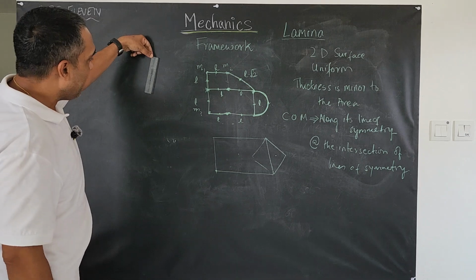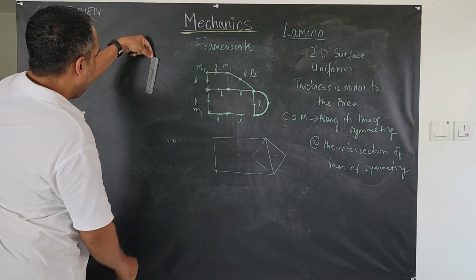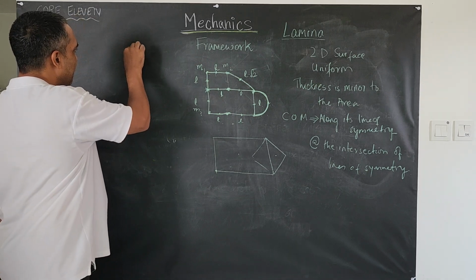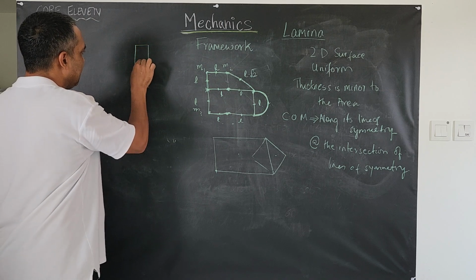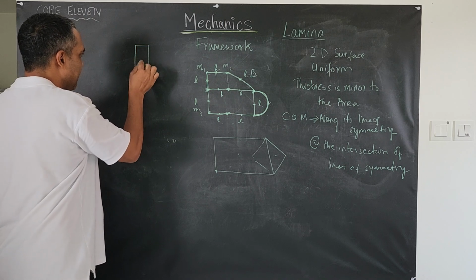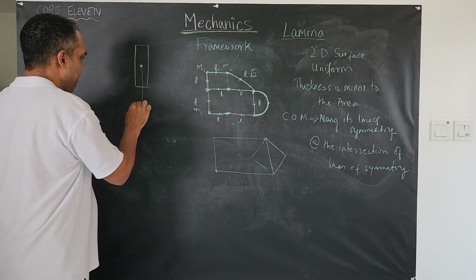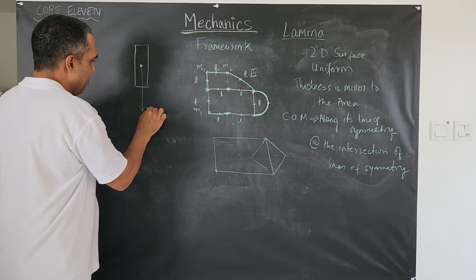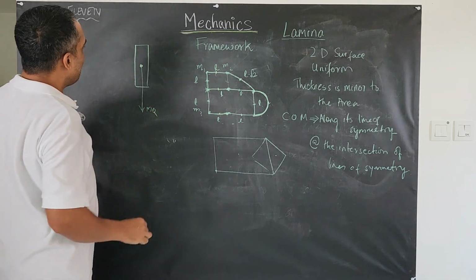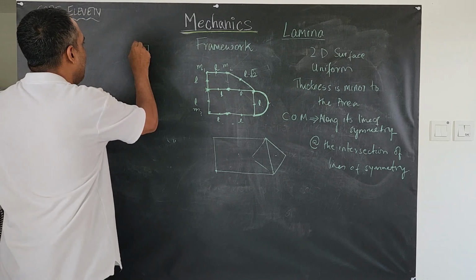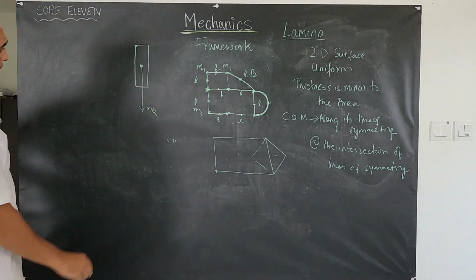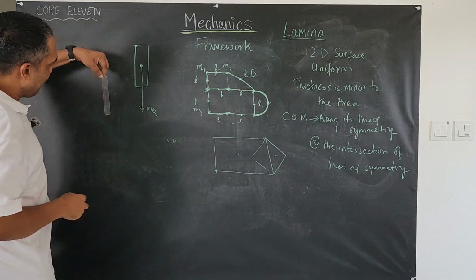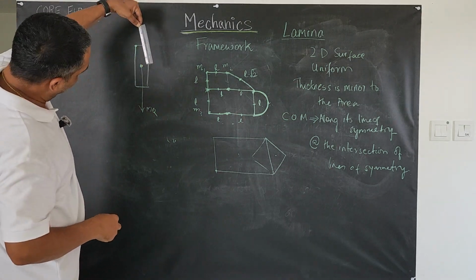So the logic here is, and it's very intuitive, if I have something like this, and that's where its center of mass is, and there is a force mg acting on it, right? The moment I hold it here, what happens? This is not a straight pull. If I'm doing a straight pull, you can see it stays there.